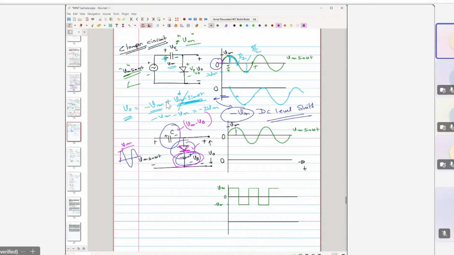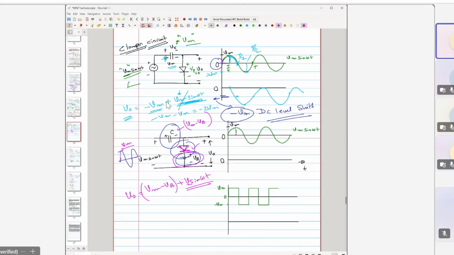I hope you have understood this part. It is Vm minus Vb that this can hold. Then, the same thing like previously, the output voltage expression would now become Vm minus Vb plus V sine of omega t. So that means this input signal will now be level shifted by a potential which is Vm minus Vb.